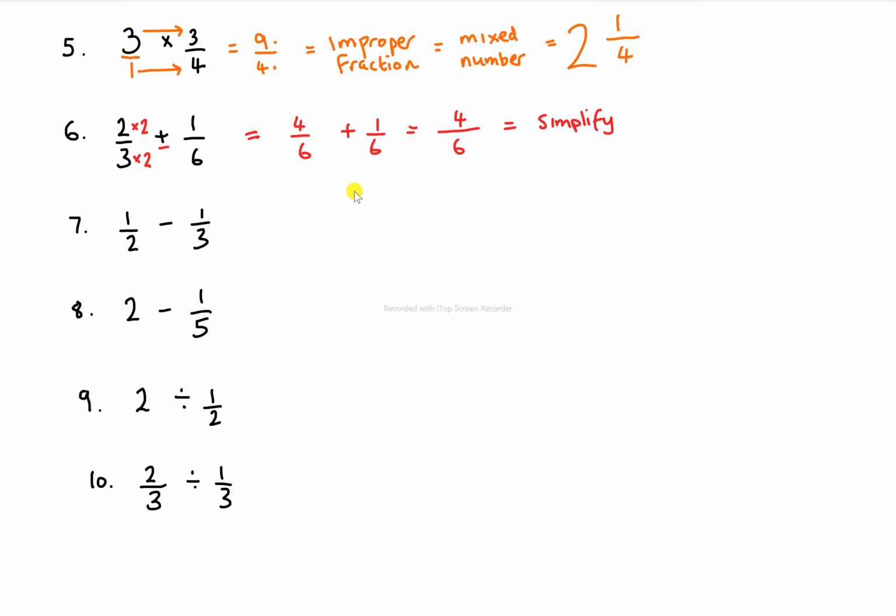So I know the top number I can divide by 2, the bottom number I can divide by 2. 4 divided by 2 is 2, 6 divided by 2 is 3. So my answer is 2/3.